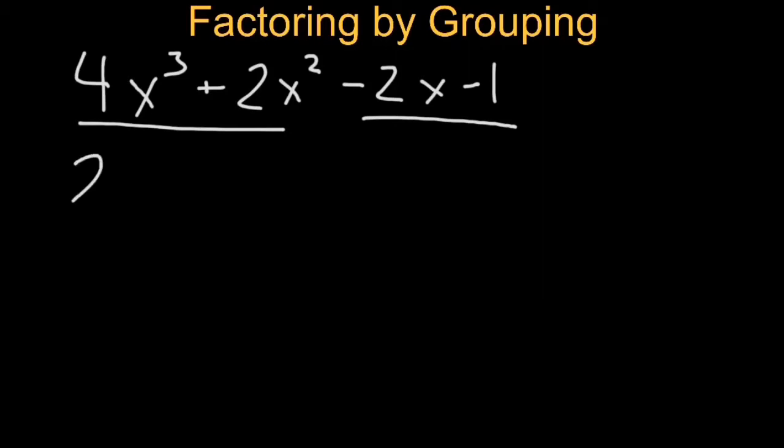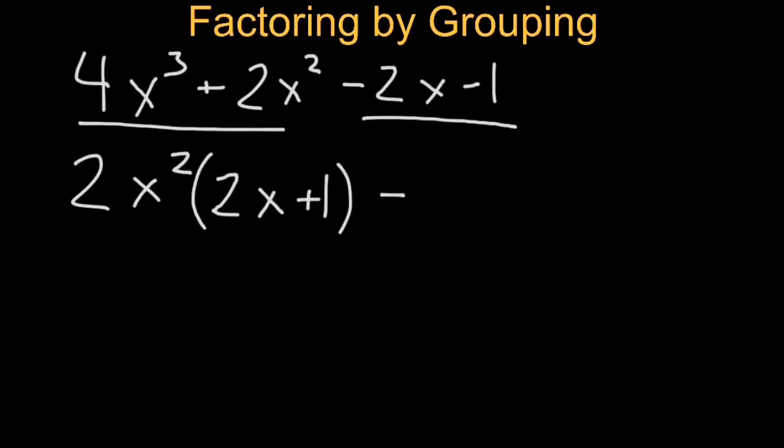Well, it's 2x squared. So inside the brackets, we would have 2x plus 1. For the other side, we can factor out a negative sign, basically negative 1. So what we're left with in the brackets is positive 2x plus 1.